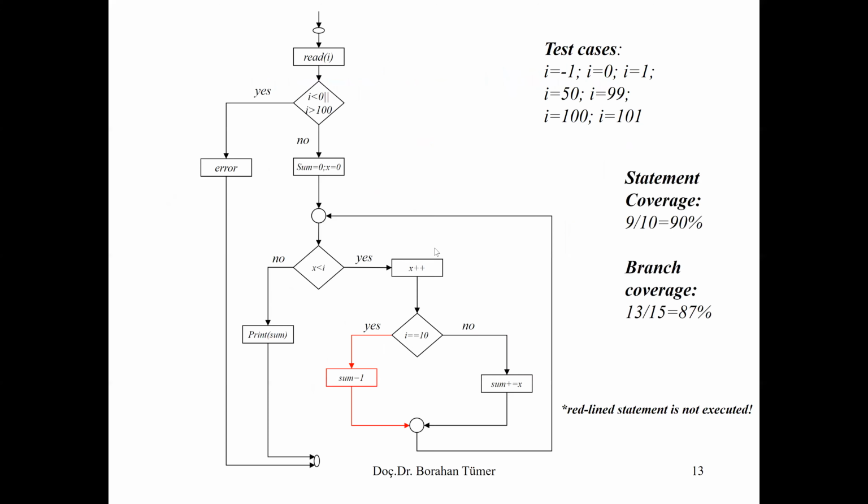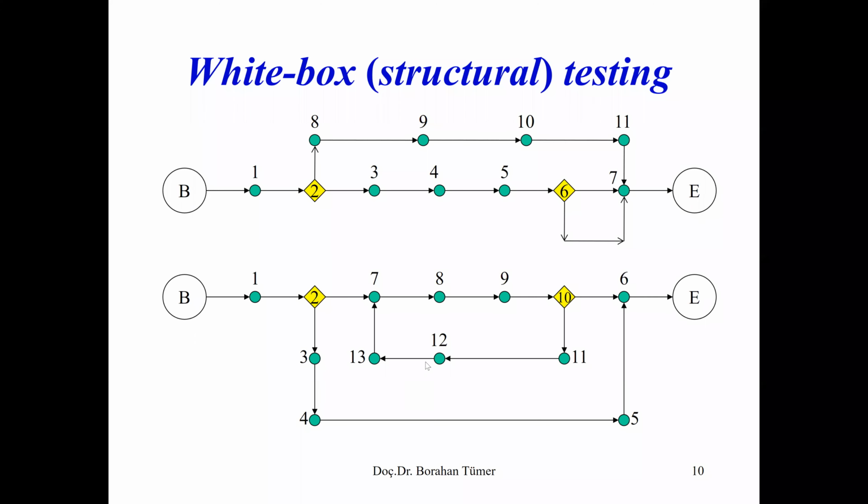But let's look at this one. Let's count the number of nodes and edges and see what the cyclomatic complexity is in this one. So again, the number of nodes: 1, 2, 3, 4, 5, 6, 7, 8, 9, 10, 11, 12, 13, 14, and 15.